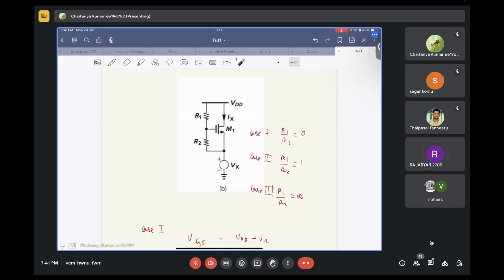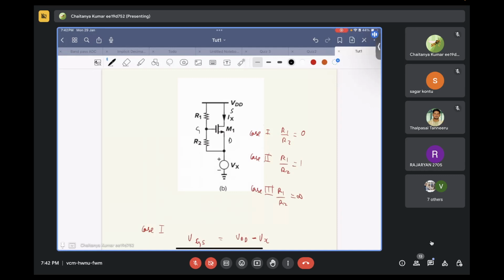Okay. So in that case, let's say forget that Vx is going above VDD and the source and drain are not interchanged. So in this particular scenario, this is your drain voltage, this is your source voltage, this is your gate voltage.